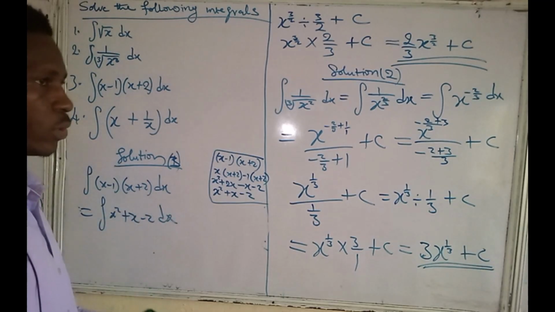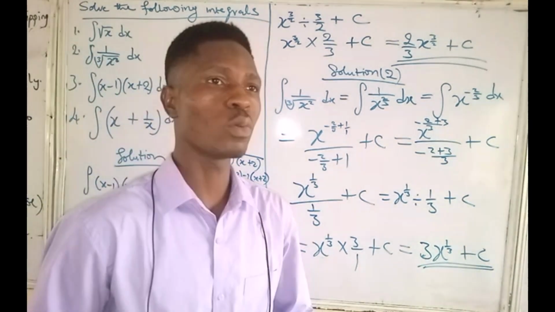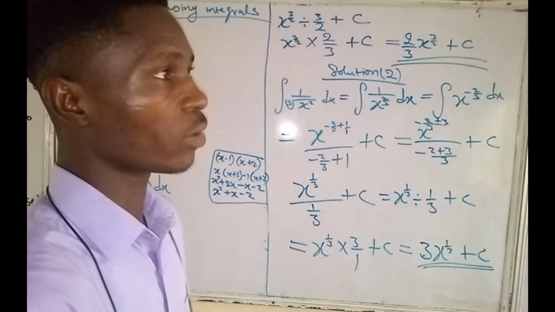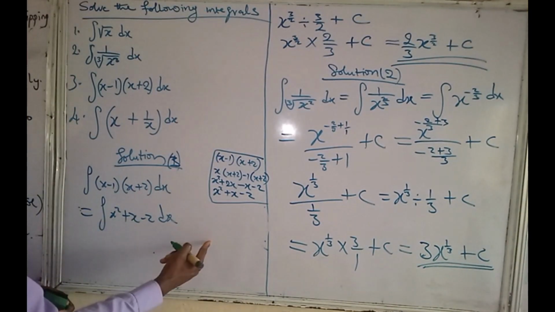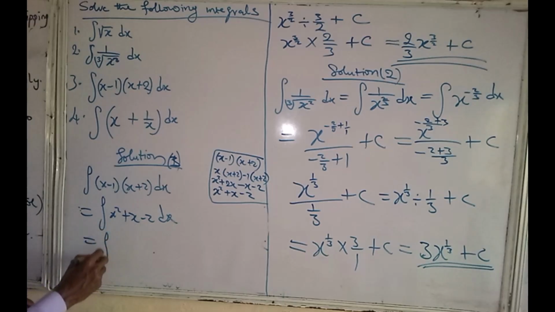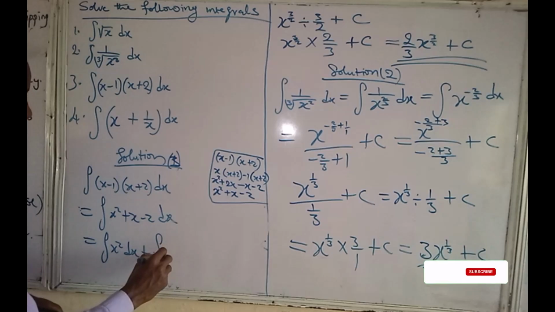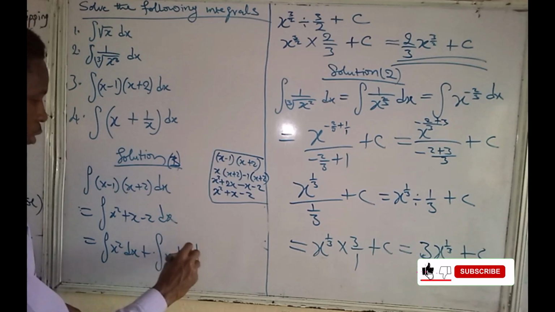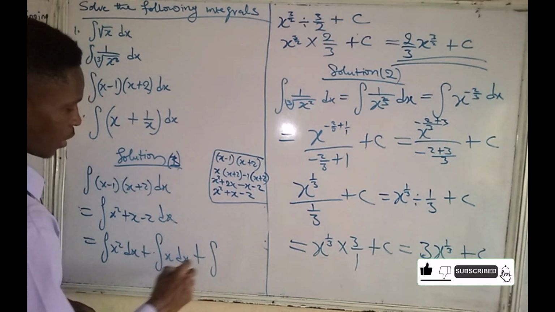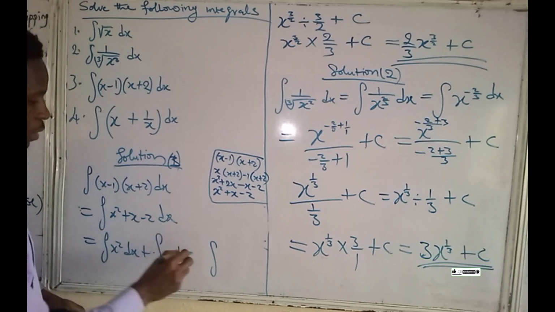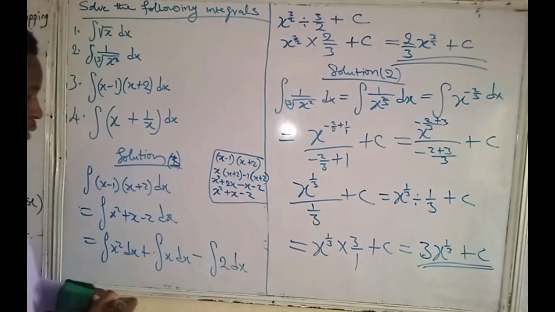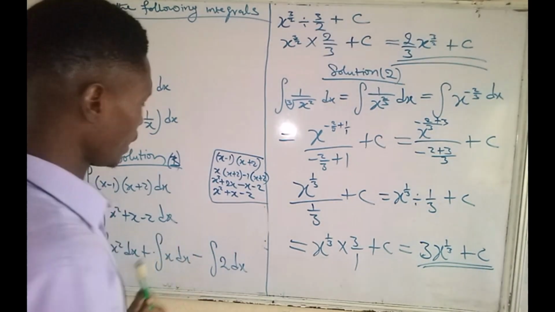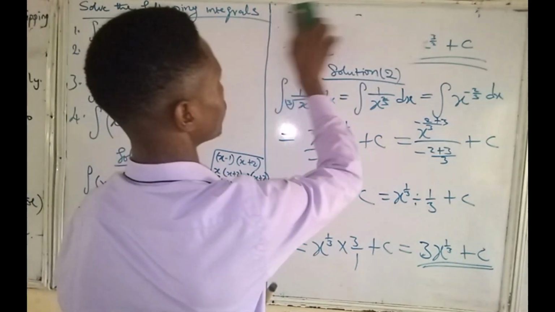Since we also know that integration is commutative and also distributive, this can go through. So this becomes the integral of x squared dx plus the integral of x dx, minus the integral of 2 dx. So we do their individual integration.